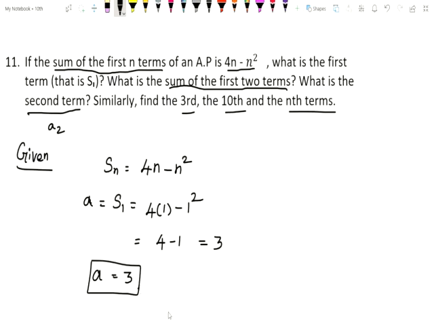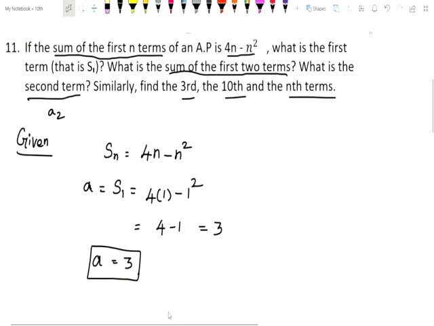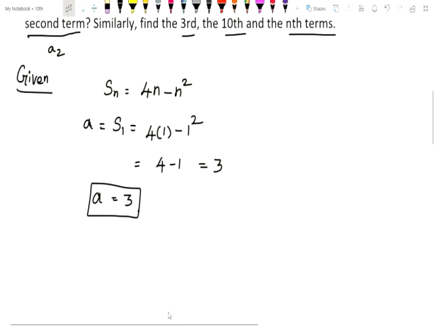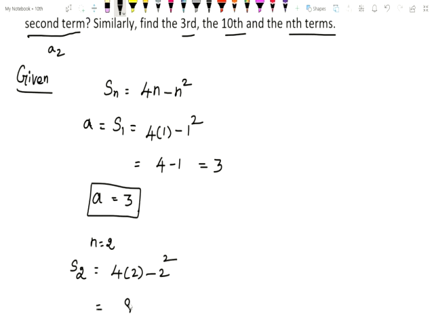And next we need to find out the sum of the first two terms. It means S2 we need to find out. So here n equal to 2. S2 equal to 4 into 2 minus 2 square. 4 2s are 8, minus 2 square 4. 8 minus 4, 4.